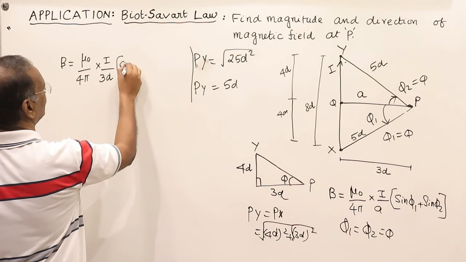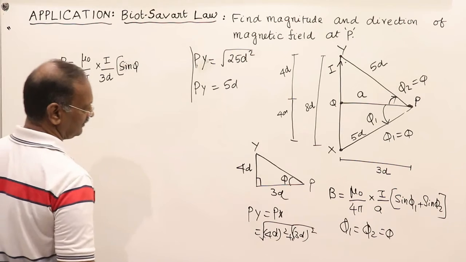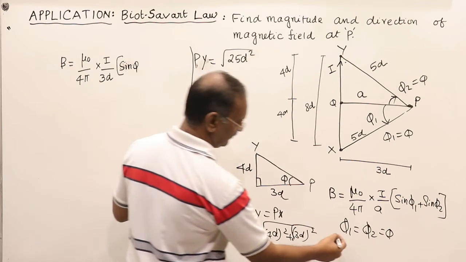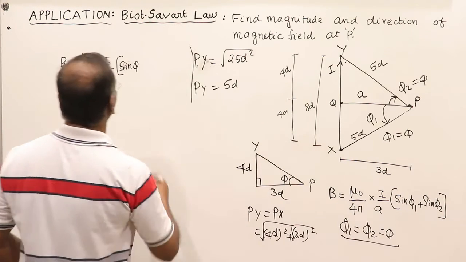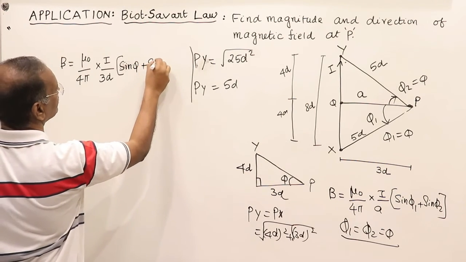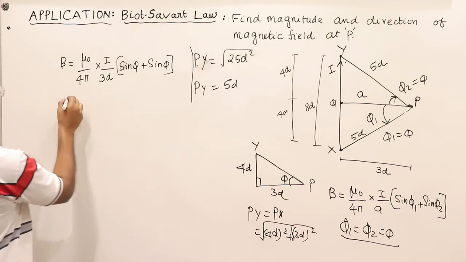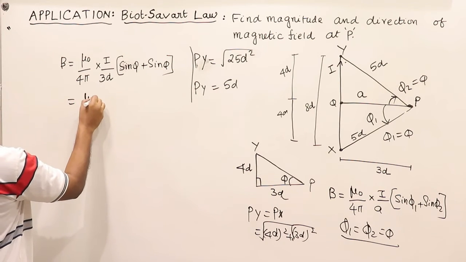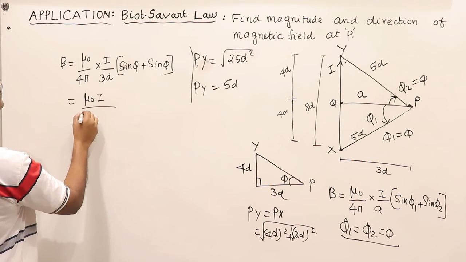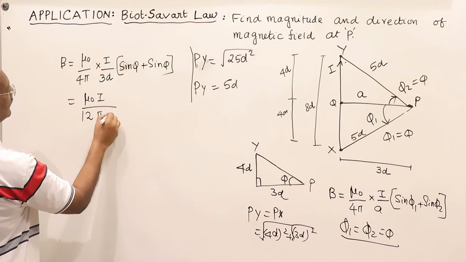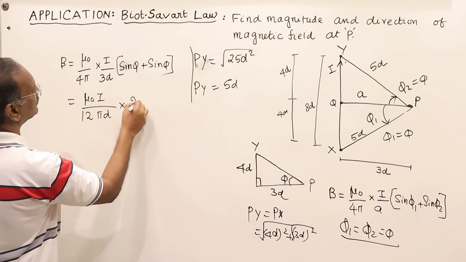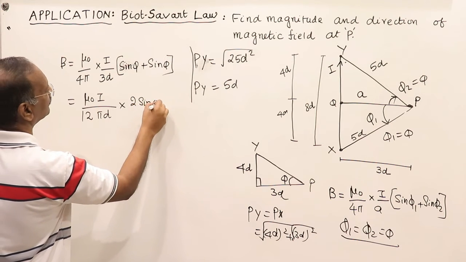Sin phi 1 is nothing but sin phi, because phi 1 is equal to phi 2, which is equal to phi. From here, sin phi plus sin phi. So this is equal to mu naught I by 12 pi d into 2 sin phi.